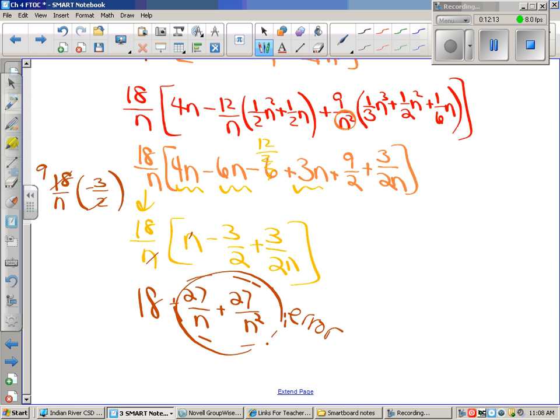So if you had one subdivision, it would tell you exactly what you should get for Riemann sum. Do you all recall that? Nice. Because as n goes to infinity, that's what you're left with. What does that mean? This is the exact, right? This is the exact value.